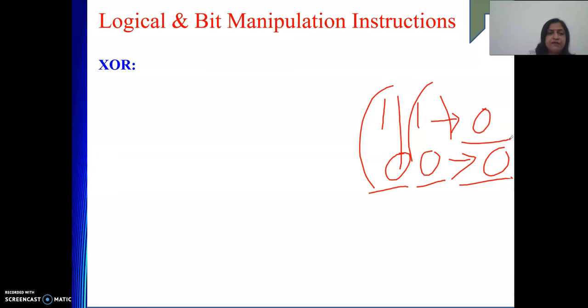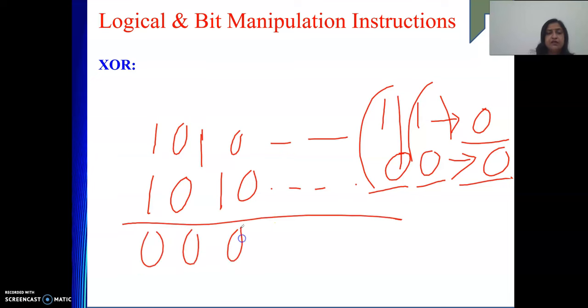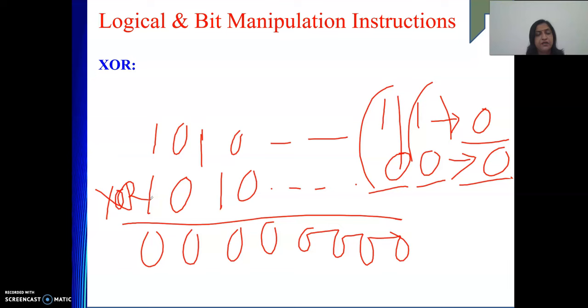So if my bit value is 1010 or something, and I do JOR with myself, I'll get all the bit values the same as my first input, so all the bit values will become 0 after the JOR operation. So we will use the JOR operation whenever we want to clear some content, right?